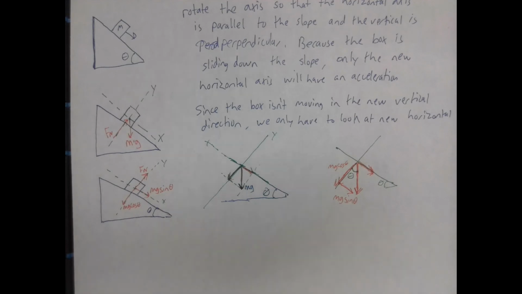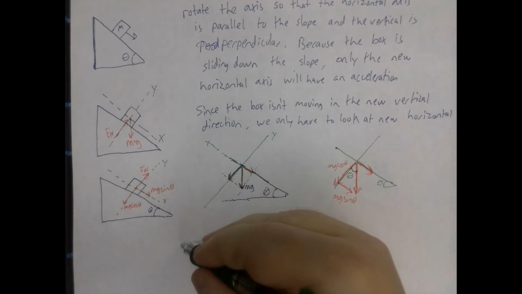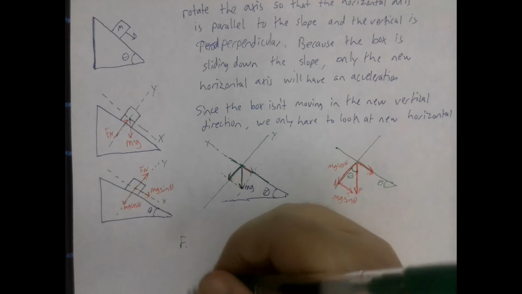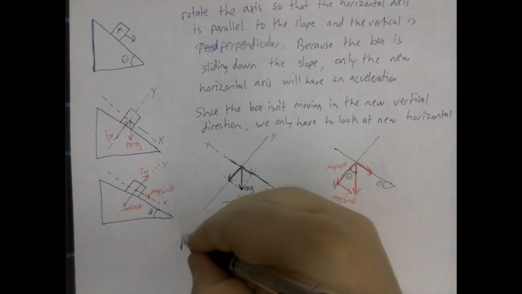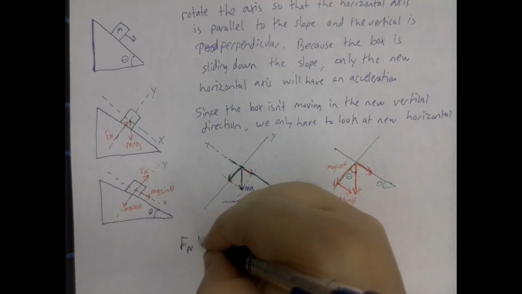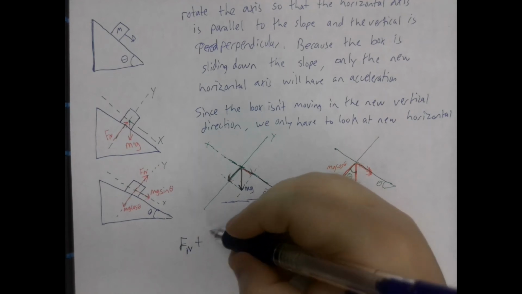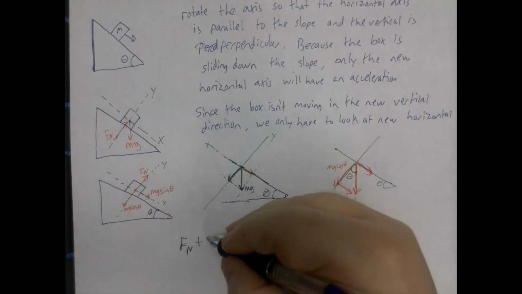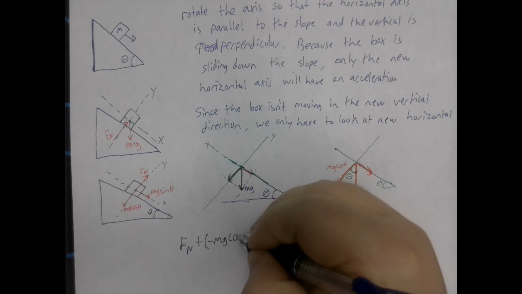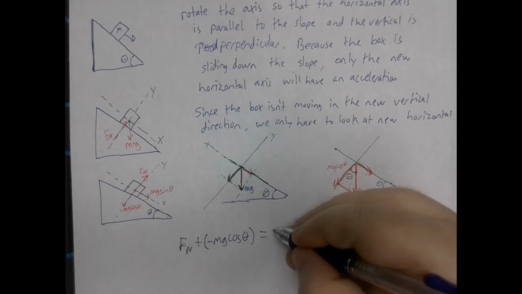So from this image, we see that Fn plus, so this is pointing downwards, so I'd use a negative, mg cosine of theta is equal to 0.